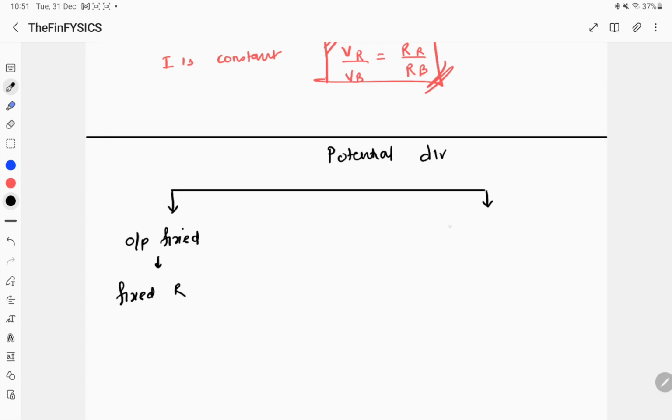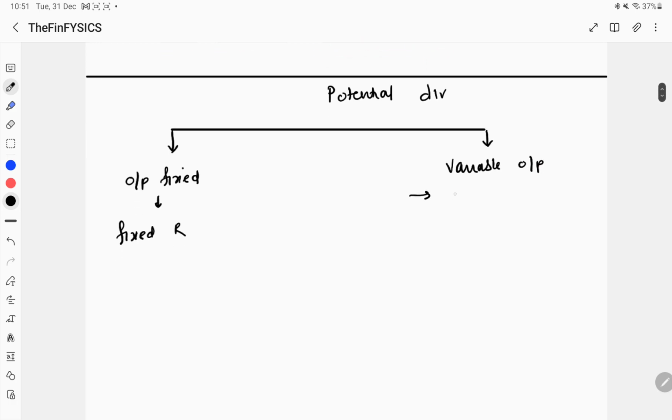Whilst type 2 can have variable output. Over here I can use a variable resistor, or a resistor made out of a semiconductor like a thermistor or an LDR, or I can use a potentiometer, which you don't have in your syllabus.